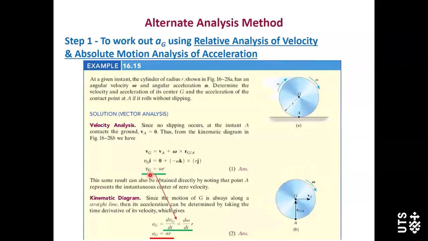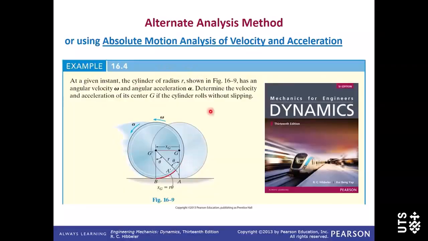to get VG equal to omega r. And then I can use absolute motion analysis of acceleration. I can do time derivatives on both sides. Then I can get AG equal to alpha r. For this step 1, I can also use absolute motion analysis of velocity and acceleration.